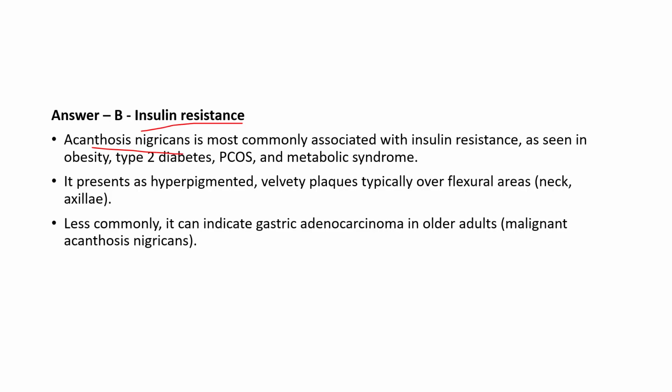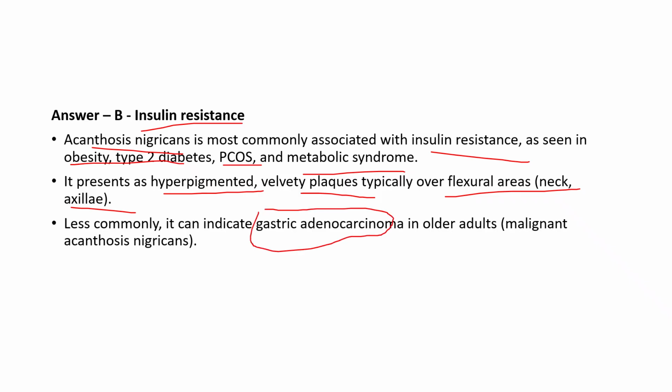So this is acanthosis nigricans, most commonly associated with insulin resistance, as in obesity, type 2 diabetes, PCOS, and metabolic syndrome. It presents as hyperpigmented velvety plaques, typically over the flexural areas, including the neck and axilla. Less commonly, it can also indicate gastric adenocarcinoma, which is a serious diagnosis, but it is usually associated with insulin resistance along with type 2 diabetes or PCOS.